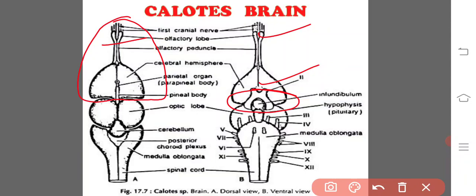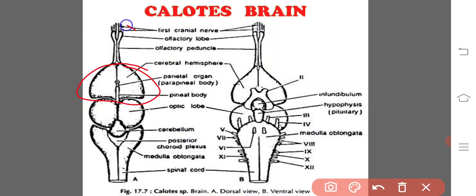Then from the side wall of the telencephalon emerges a pair of sac-like projections called olfactory lobes. The posterior part is elongated and is called the cerebral hemispheres. These are the cerebral hemispheres, these are the olfactory lobes. The roof of the cerebral hemispheres is thin.